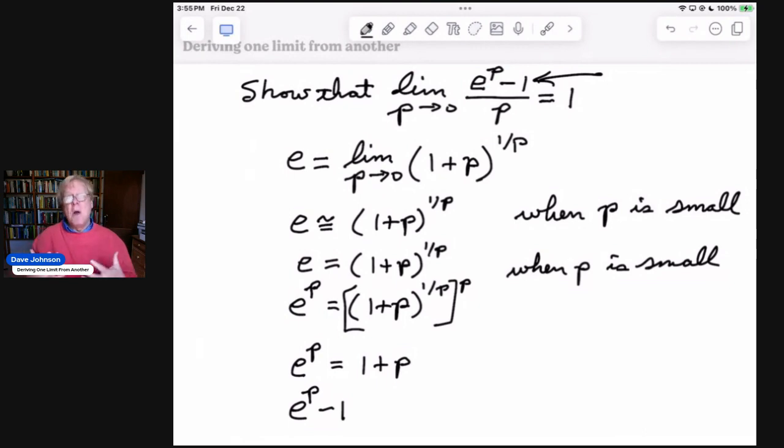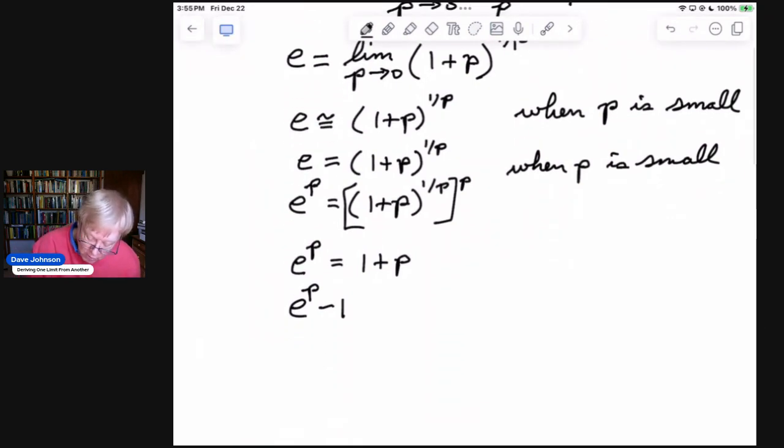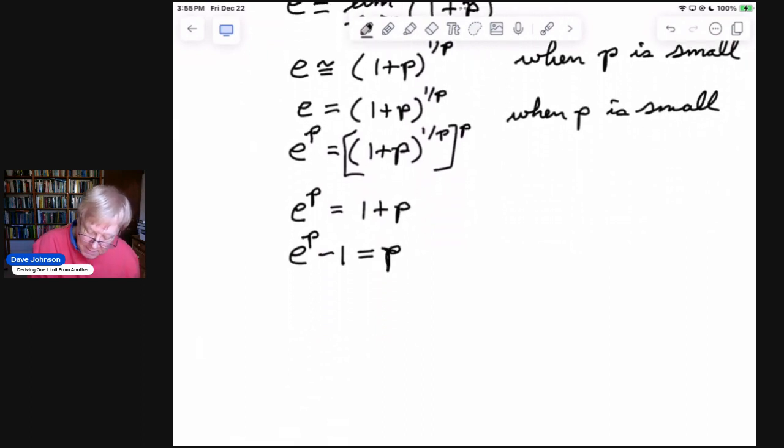I don't have to memorize the derivation. I can use algebra and I can look at the goal, the end state that we're trying to get to, to guide the algebra. So I'm going to subtract 1 from both sides. That leaves p on the right side. And now we're going to divide both sides by p. And of course, in both of these cases, we can only do that as long as p is small.